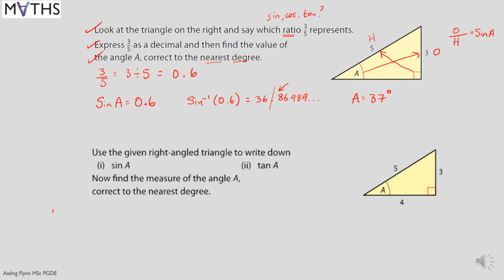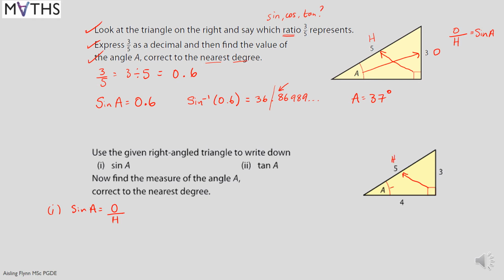So part 1 asked for sine A, and I always write down my ratio as sine is opposite over hypotenuse, some old hags, or however you remember it. Now to fill in the numbers I need to label my triangle. Again, across from the 90-degree angle, the longest side is the hypotenuse.